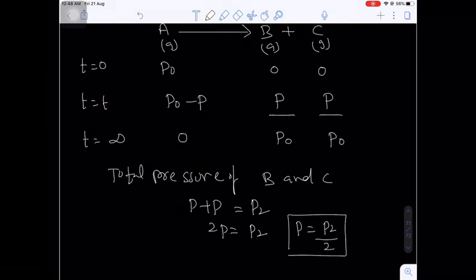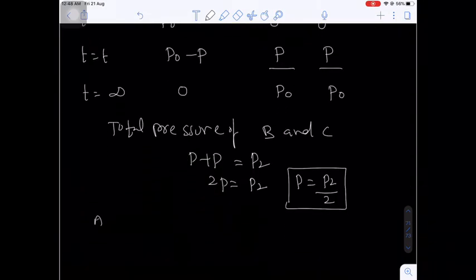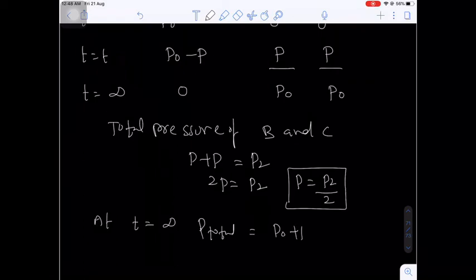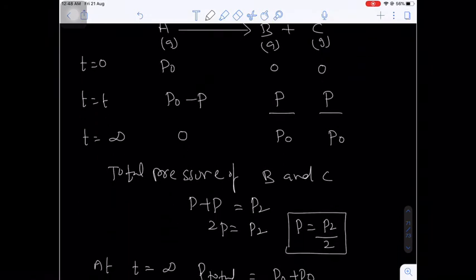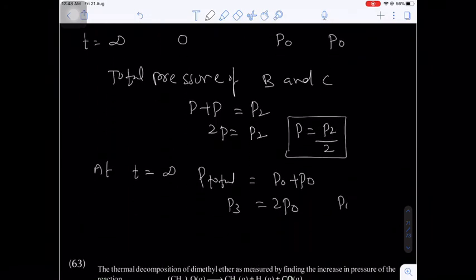And one more piece of information: at infinity time, what is the total pressure? P3. At T infinity, the total pressure is P0 plus P0, that is 2P0, which is equal to the given P3. From here, the P0 value is equal to P3 by 2. Are you getting my point?